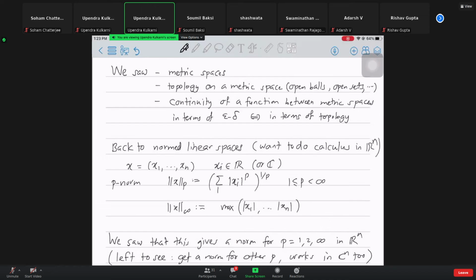Now take a sequence. What does it mean to have a limit of this sequence? So could you repeat the topology one more time? Yeah, the topology on R is the empty set and the entire set of real numbers. Those are the only open sets.